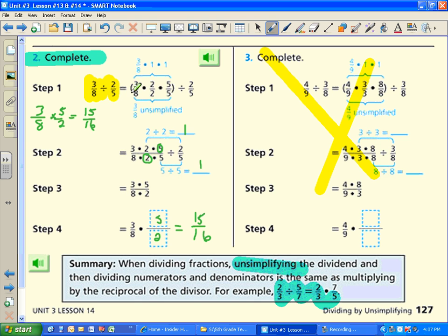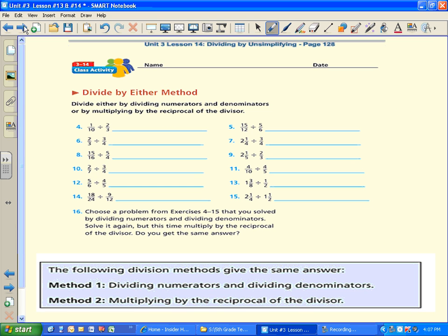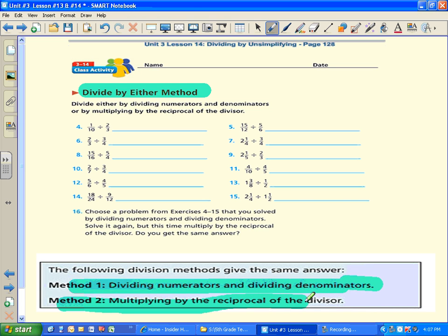Copy number 2 down if you haven't done so already. All right, divide by either method. So they're allowing you to divide either by dividing numerators and denominators or by multiplying by the reciprocal of the divisor. Okay, and then it says the following division methods give the same answer. Method 1, dividing the numerators and dividing the denominators, or multiplying by the reciprocal of the divisor.